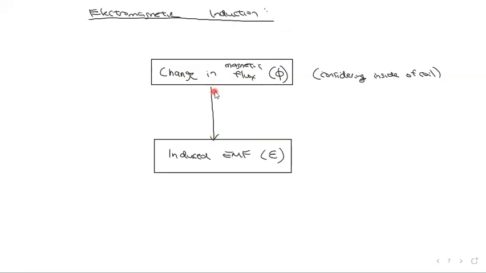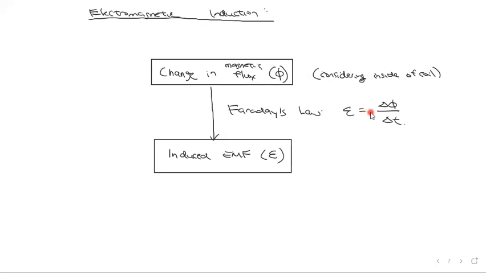As long as there is a change in flux, according to Faraday's law, and that's the link here, the induced EMF will be related to the rate of change of flux. As long as there is any change in flux, which obviously will take some amount of time, you'll get your induced EMF.